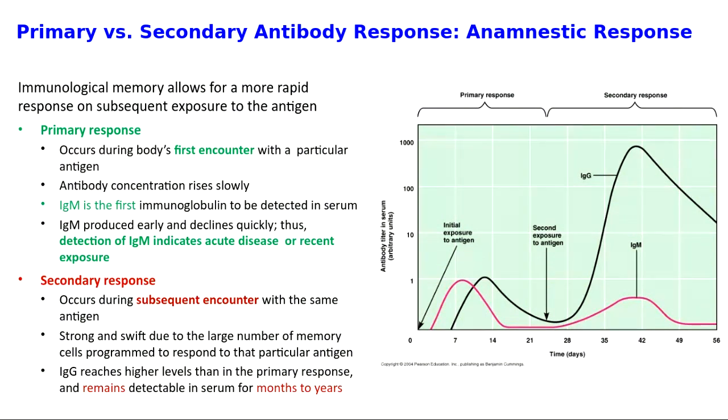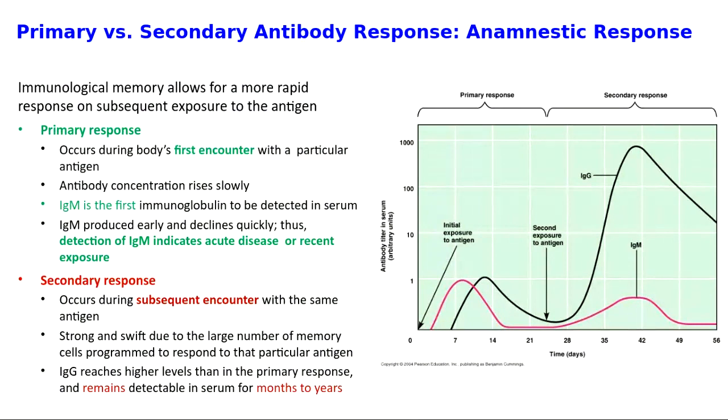If we ever encounter that same virus again, if we are ever exposed to COVID-19 again, then our body is going to go through an anamnestic response or a secondary immunoglobulin response, and it's going to react right away. There's not going to be a lag time.